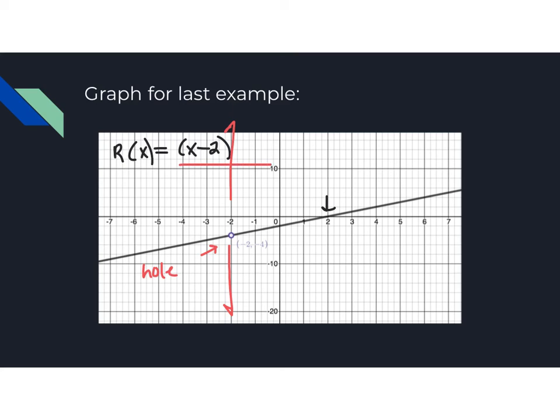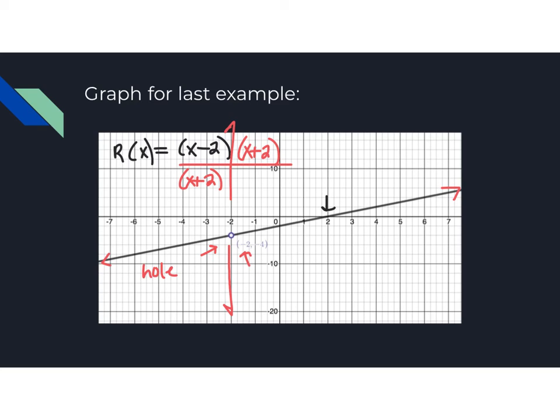So that factor that gave us that vertical asymptote will be in my denominator. And remember, it got canceled out from something in my numerator, leaving a hole. I found the y value of the hole, again, by putting that x coordinate into that linear function and just evaluating the function.